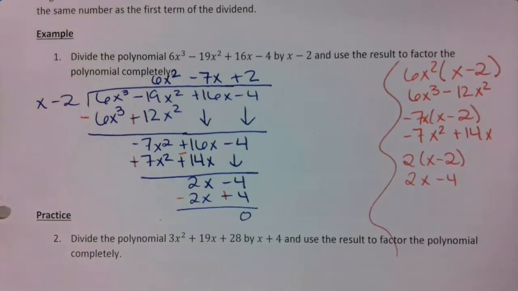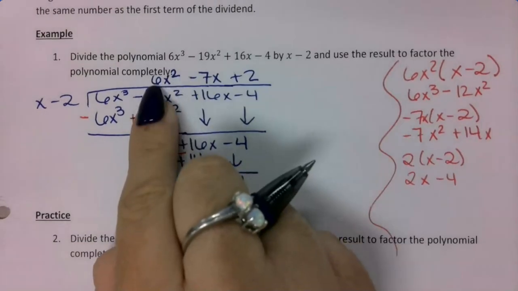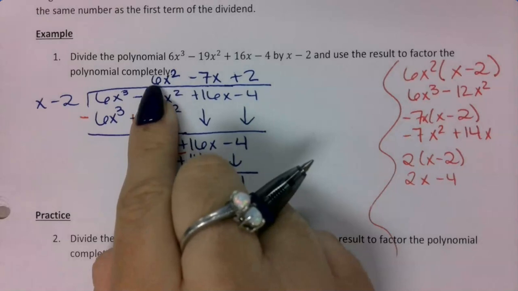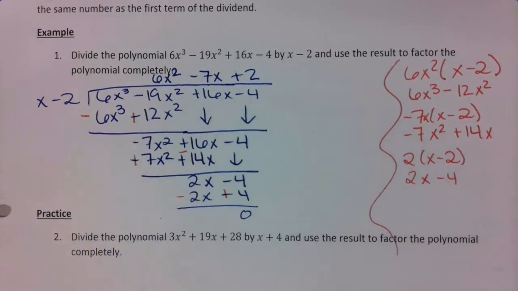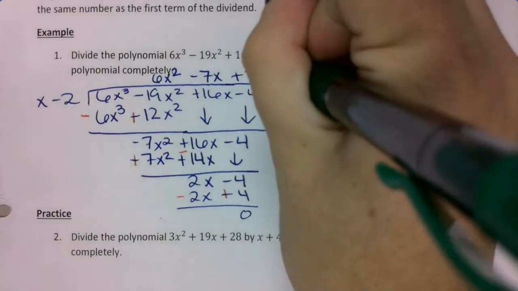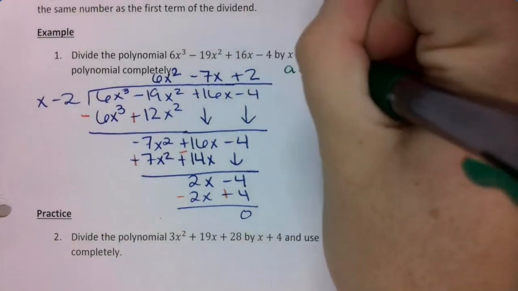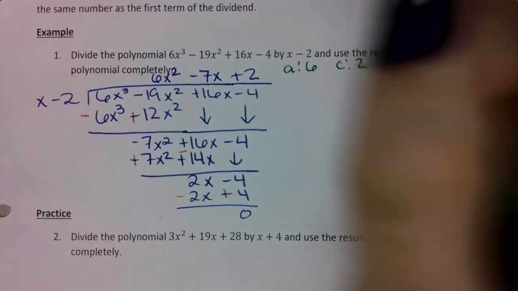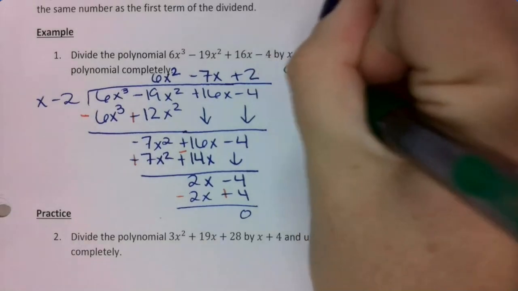Okay, so since I have an a value that is greater than 1, I'm going to use the AC method here. My a value is 6 and my c value is 2. So I'm looking for numbers that multiply to 12.